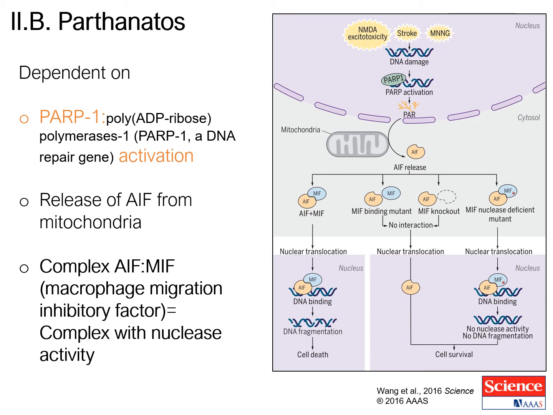There are different ways of inhibiting this process. In this paper that is referenced here, the authors tried different approaches, such as generating a MIF binding mutant or knockdown of MIF, in which there is no interaction with the AIF protein. So even if there is DNA damage and PARP activation, AIF cannot translocate into the nucleus, and that results in cell survival.